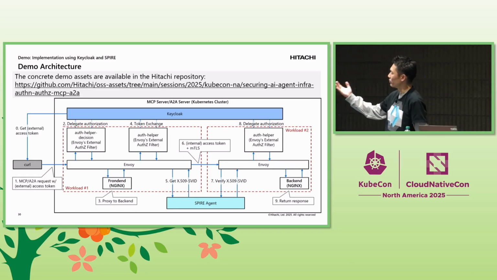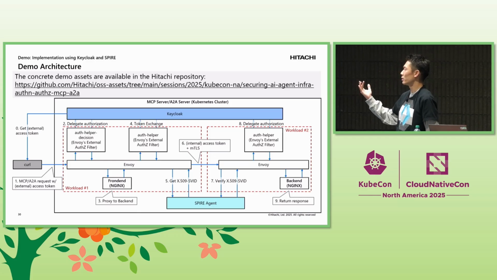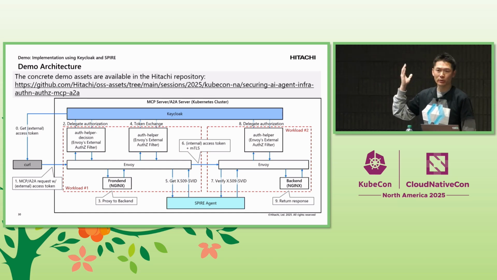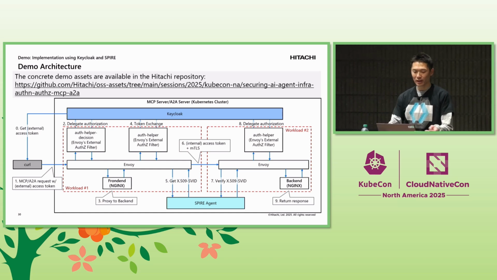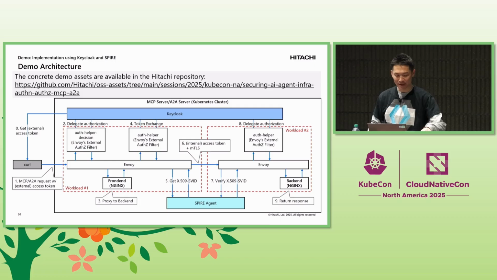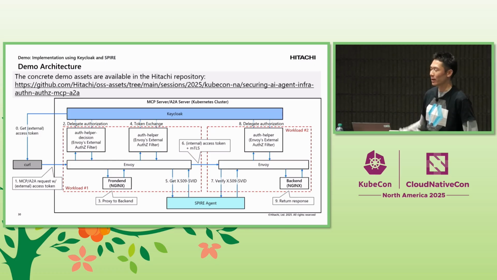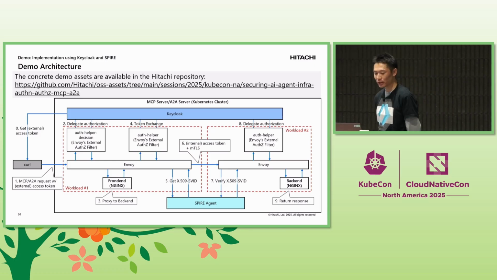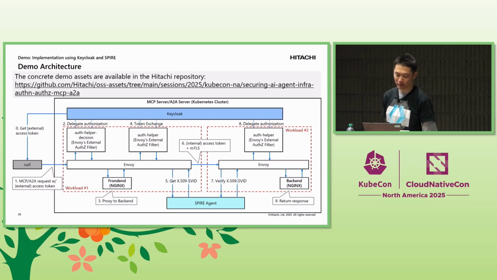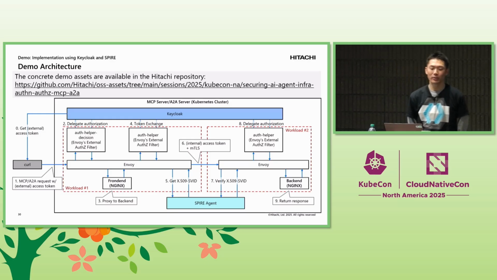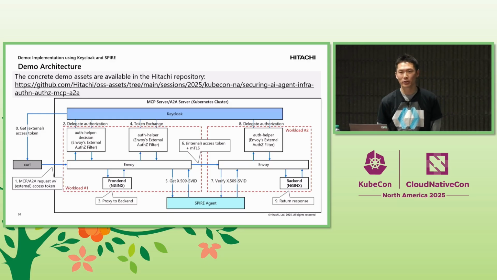Your question is, in an enterprise configuration, we may have the backend outside of the Kubernetes and some services, right? Yeah, that is a good question, and currently we have only tested with this configuration, but when configuring that enterprise environment, maybe that kind of problem would occur, I think.